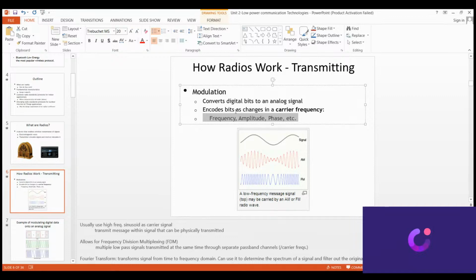So what you are saying is that the radio, the way it works in terms of transmission, the data can be transmitted using either amplitude modulation or frequency modulation.